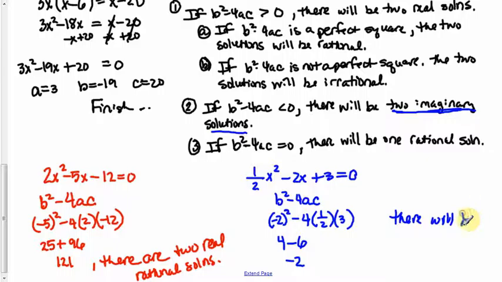There will be 2 imaginary solutions. This is solved for you using the quadratic formula in your book. On workbook page 442 is where there are some other examples of that. Okay?